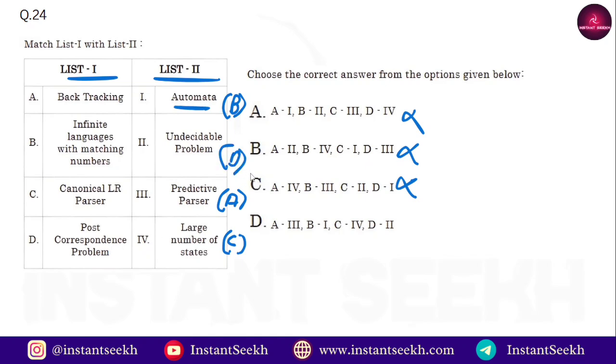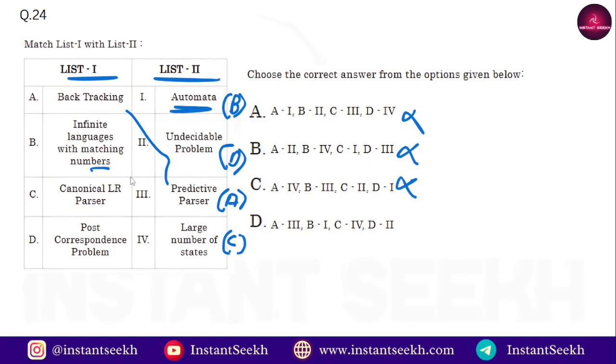So backtracking, first of all, is a method used in solving constraint satisfaction problems like puzzles and other recursive algorithm scenarios. So the correct match is predictive parser. Infinite languages with matching numbers, option B, these pertain to languages that have an infinite number of strings, often dealing with automata theory.